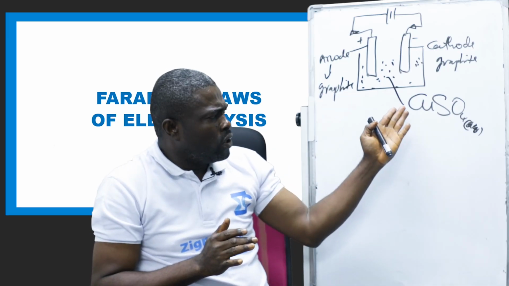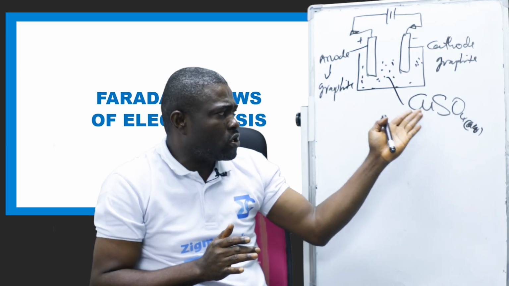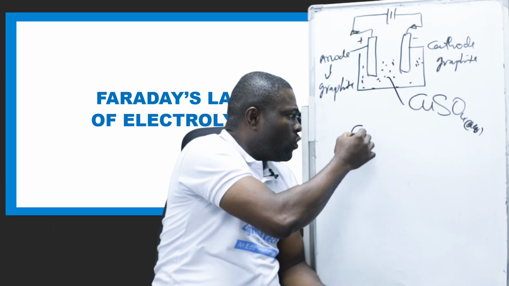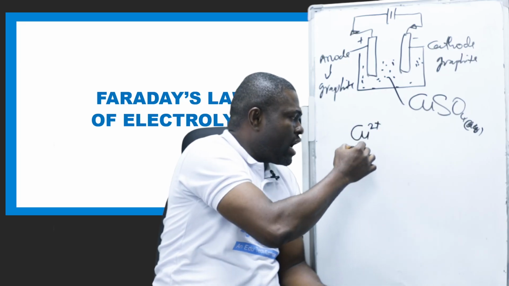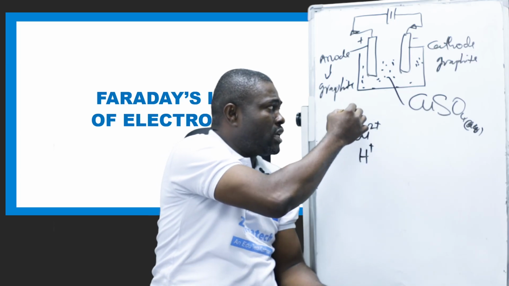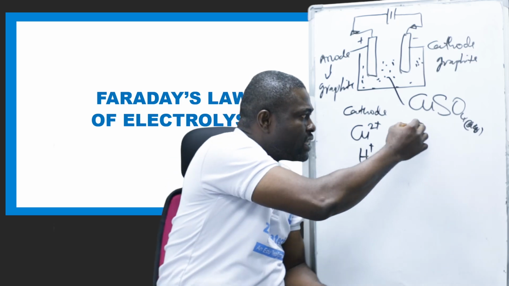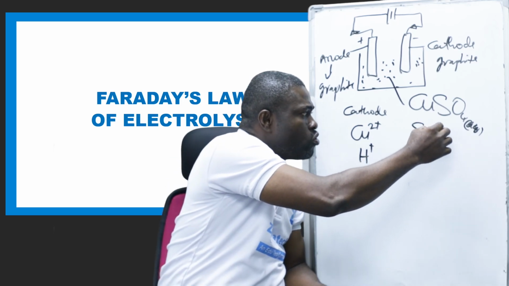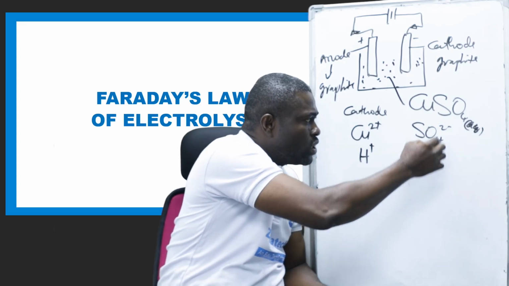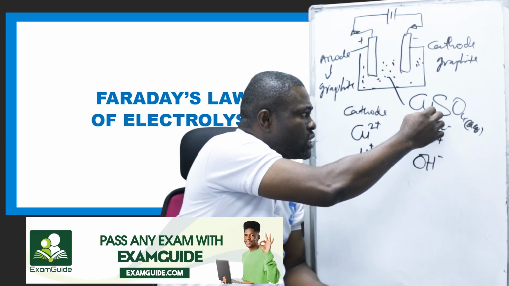We know that when we carry out electrolysis on this particular electrolyte, we shall be having copper 2 and hydrogen ion at the cathode side, because cathode is negative. This is Cu2+ that will migrate there, while SO4 2 minus and the OH minus, which are negative, will go to the anode, which is a positive electrode.